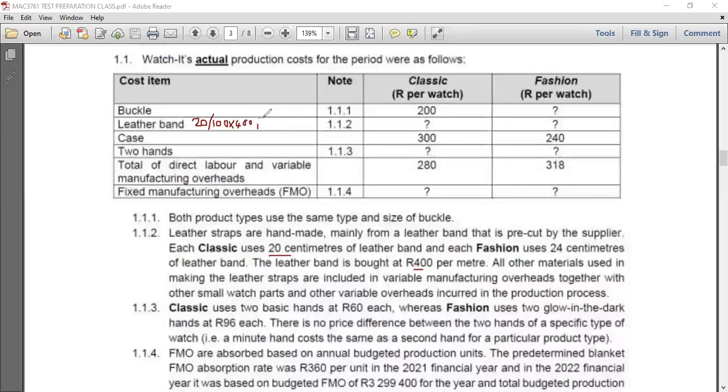Then this one, you say 24 divided by 100 times 400. What do we get? We get 80 and 96.